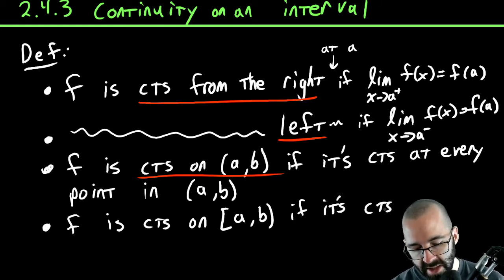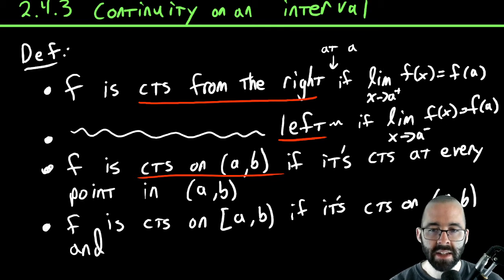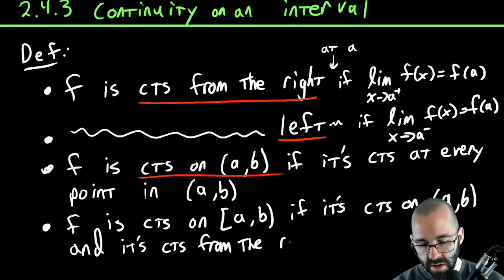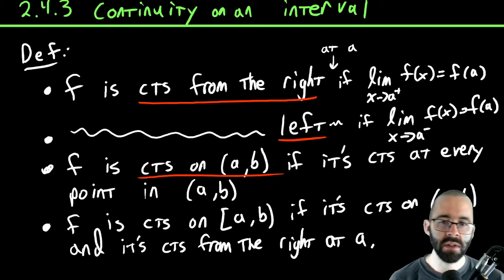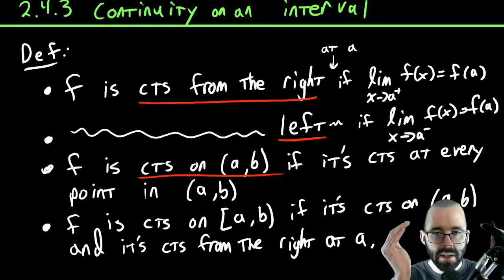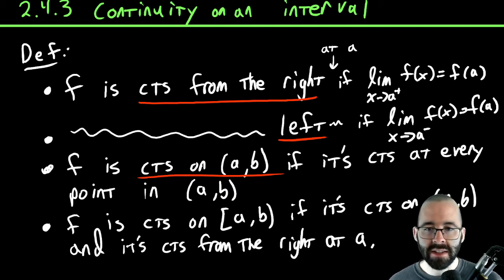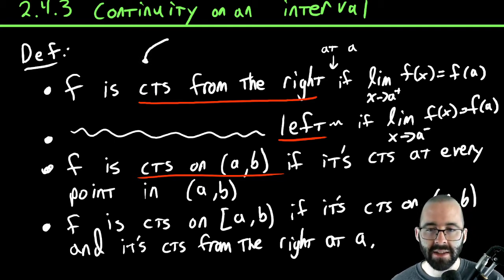If it's continuous on the open interval and it's continuous from the right at A. So a function's continuous on a closed interval if it's continuous on the inside, and then at the ends, we only care about the one-sided limit at the end. So in this case, that square root function would be continuous on that closed interval, even though technically our regular definition of two-sided continuity doesn't exist at the end.